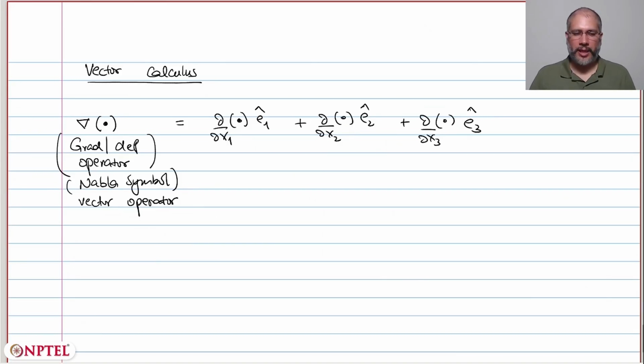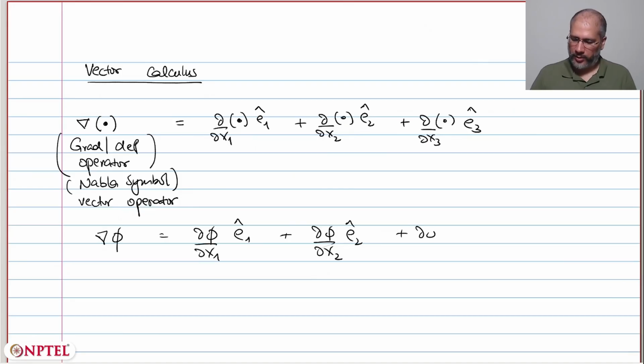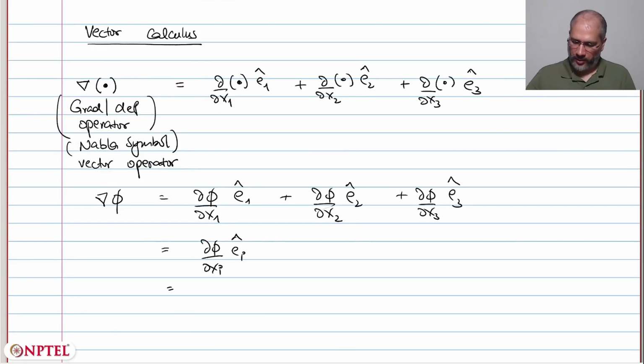If you are applying this grad to a quantity like a scalar phi, this would become del phi by del x1 e1 plus del phi by del x2 e2 plus del phi by del x3 e3. And we know that we can write this as del phi by del xi ei from the summation convention. This can also be written, in our comma notation, as phi comma i ei.